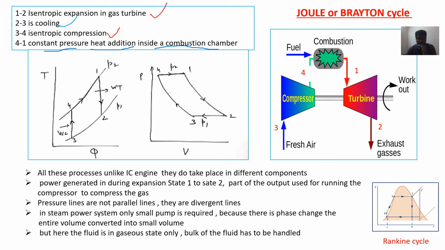So here in Brayton cycle, the entire cycle is using gas. Since there is no phase change, here we require bigger size compressors. So generally here we use axial compressors or centrifugal compressors.